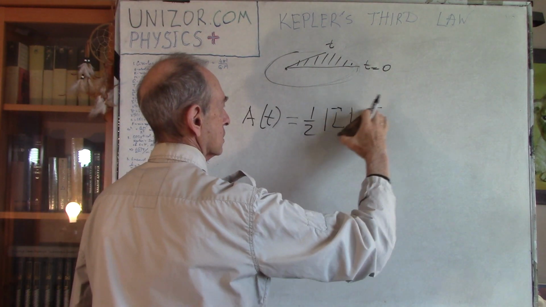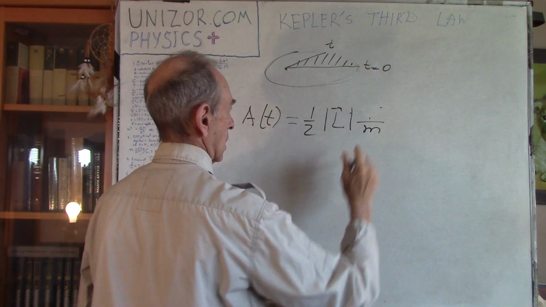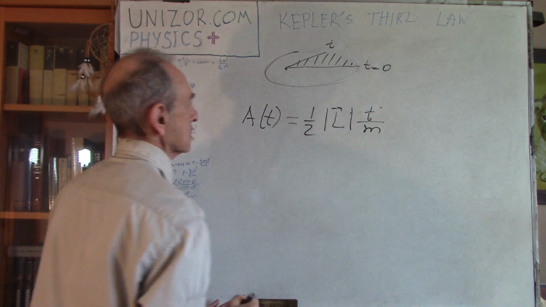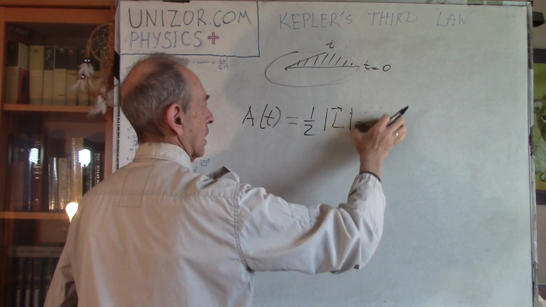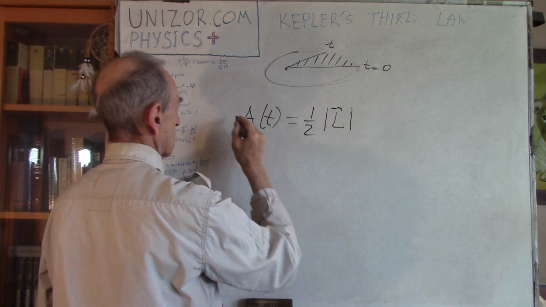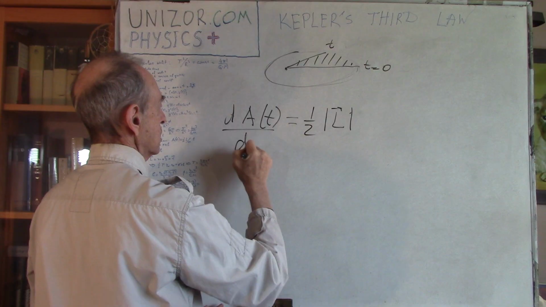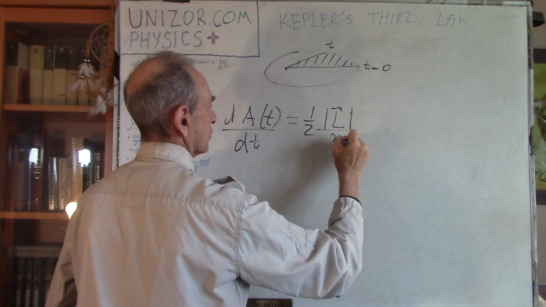T, not this t, this t. It's proportional. So basically, the derivation of this was the following: dA/dt is equal to this.